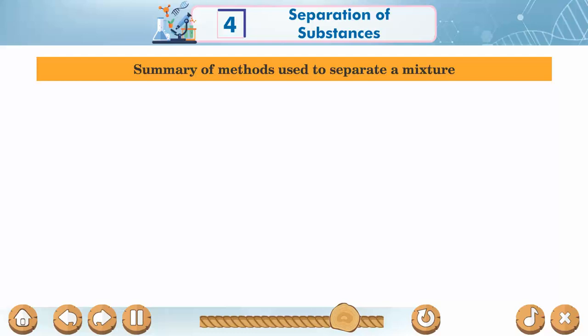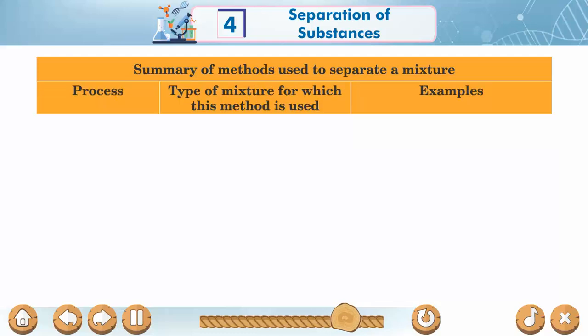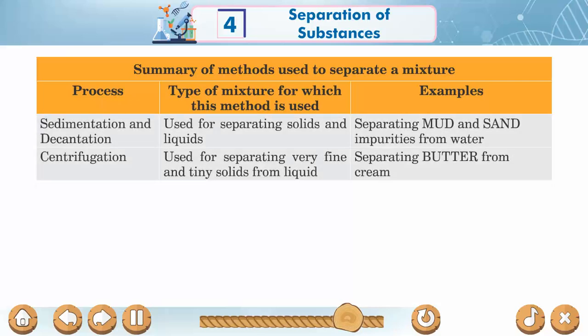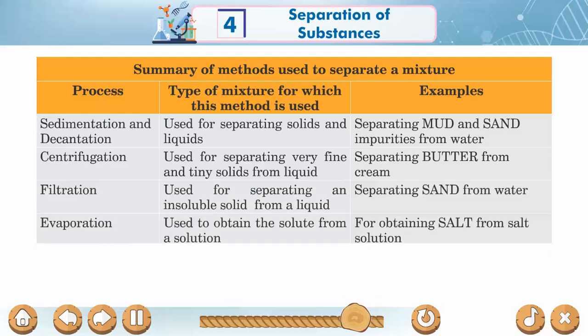Summary of methods used to separate a mixture. Process, type of mixture for which this method is used, examples. Sedimentation and decantation, used for separating solids and liquids, separating mud and sand, impurities from water. Centrifugation, used for separating very fine and tiny solids from liquid, separating butter from cream.